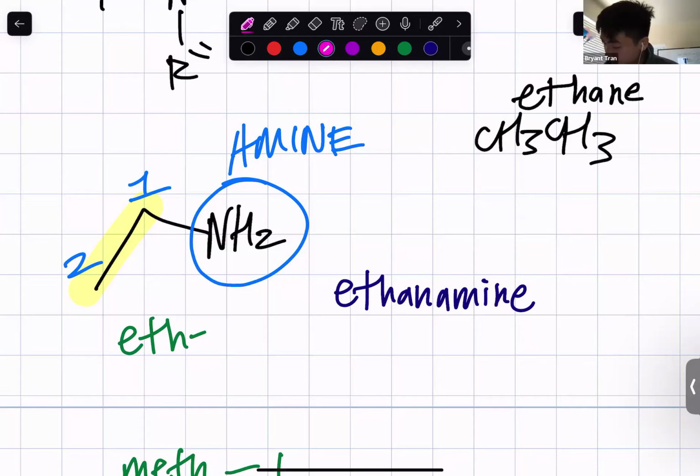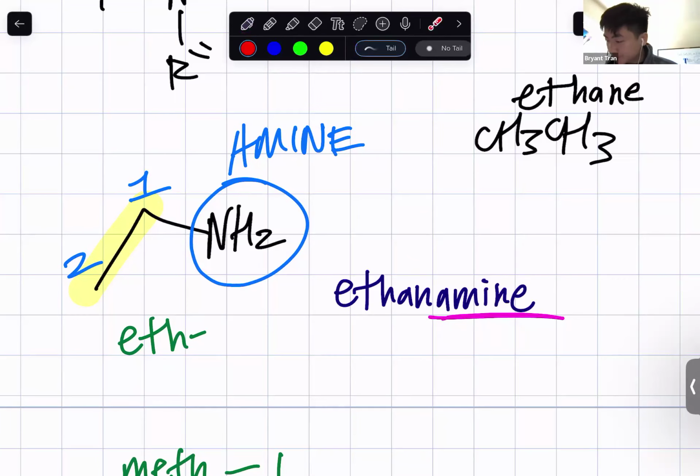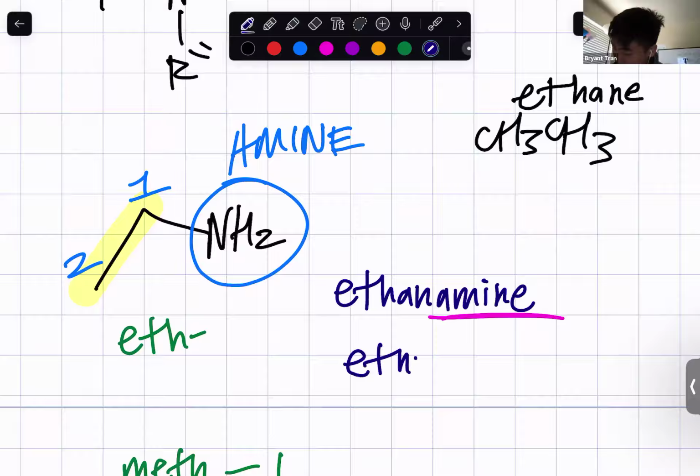Because we have the amine functional group here as the highest priority group. But let me double check this, because my nomenclature is not very strong. Yeah, ethanamine. Because with nomenclature there are multiple correct answers, you could also call this ethylamine. Same thing.